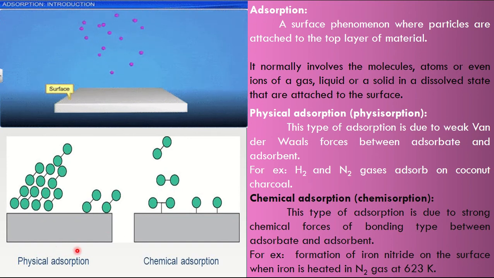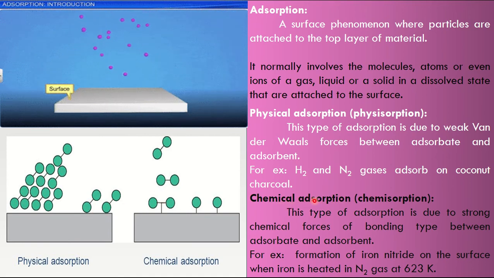Physical adsorption, also known as physisorption, is where the particle is bound to the surface of the material with weak van der Waals forces of attraction. For example, hydrogen and nitrogen gases are adsorbed only at the surface of the charcoal with weak van der Waals forces of attraction.